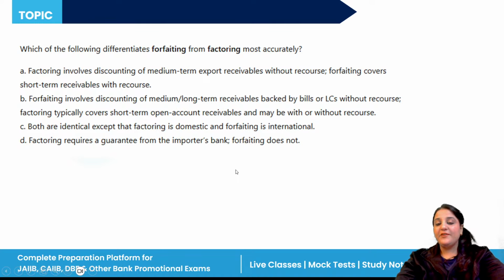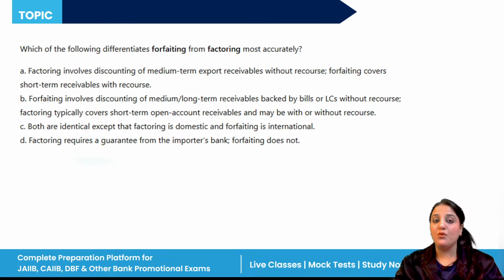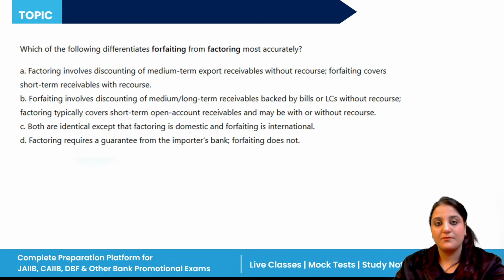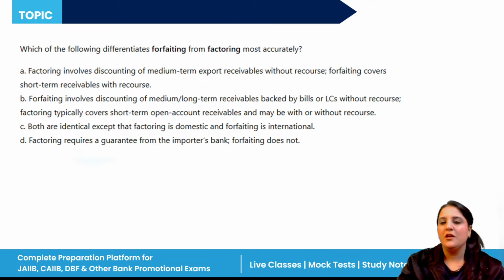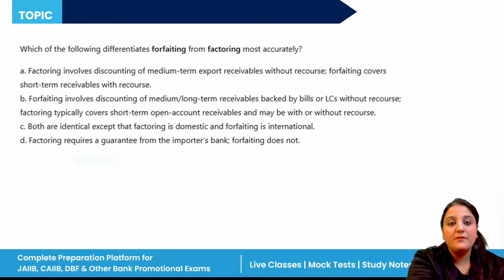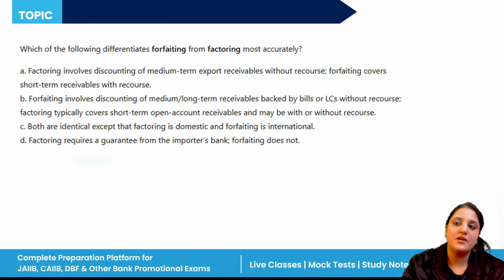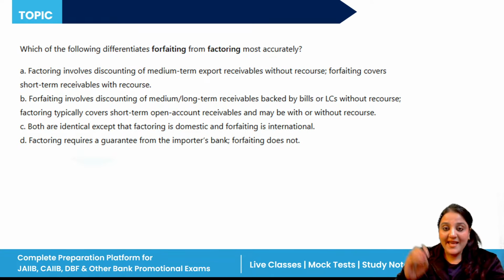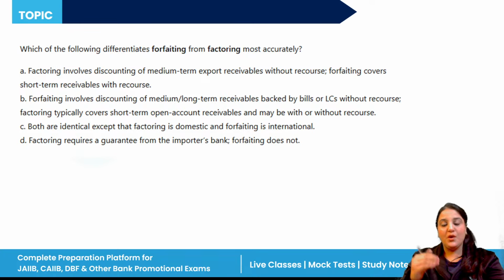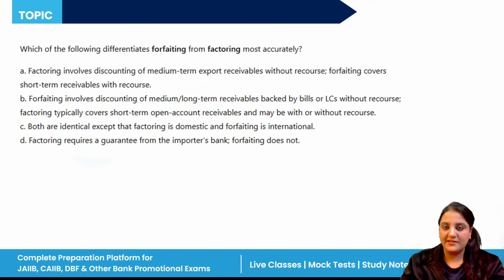Which of the following differentiates forfeiting and factoring most accurately? What is factoring? Important concept. Factoring is a type of financial transaction where a business sells its unpaid invoices to a third party, called a factor, at a discount.